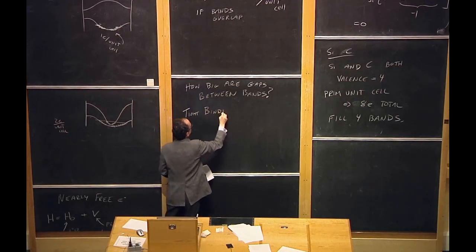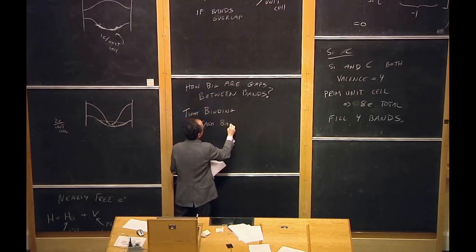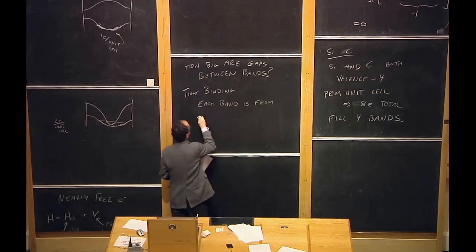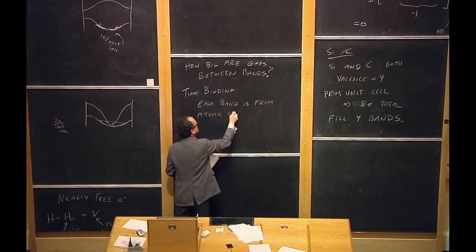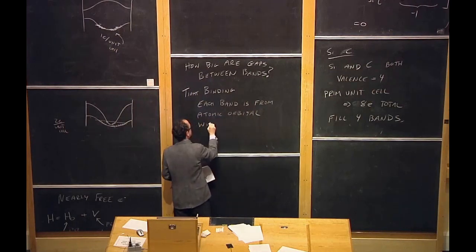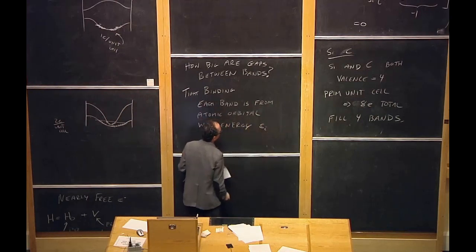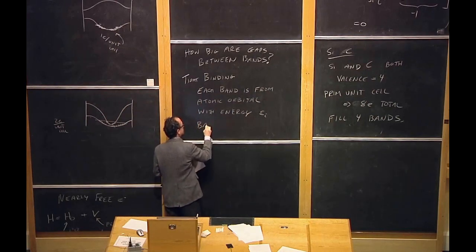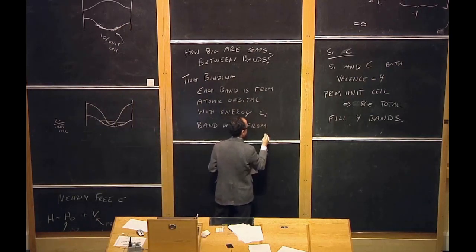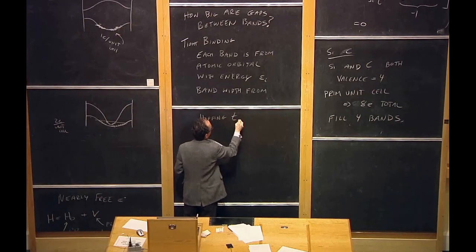In the tight binding picture, recall that each band comes from an atomic orbital with energy E sub i, and the bandwidth is from hopping t.